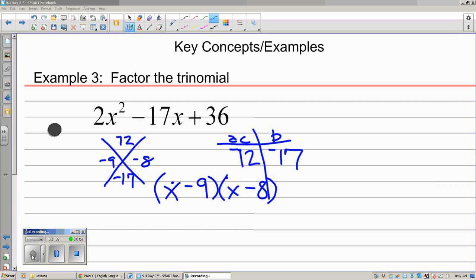Okay, so here I've got to pause you for 1 second. That would work if the leading coefficient was 1.